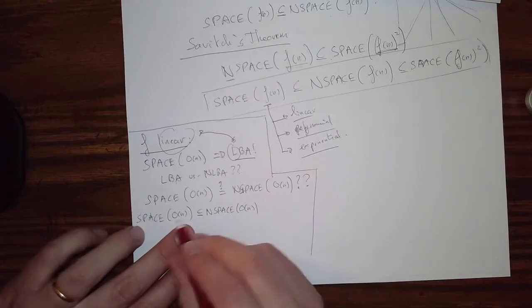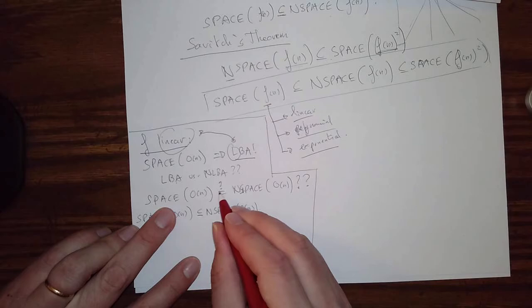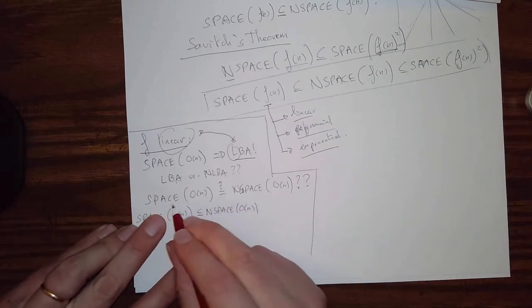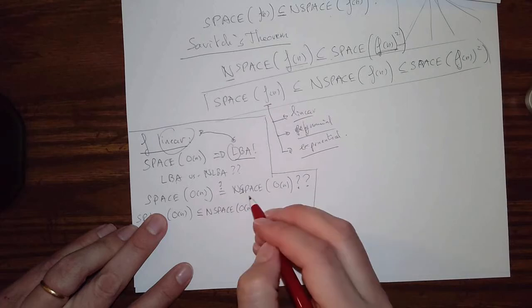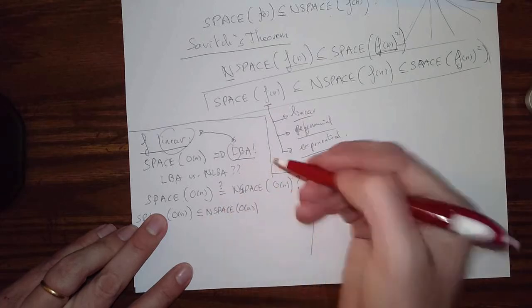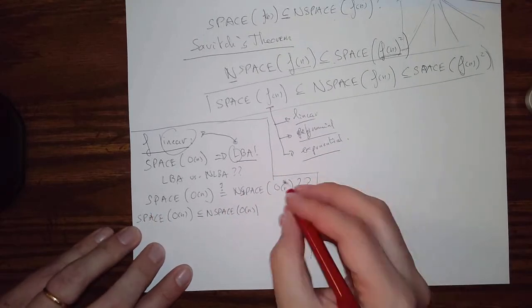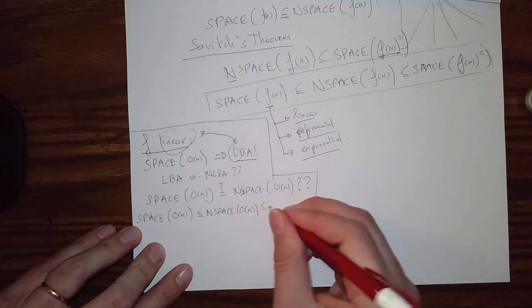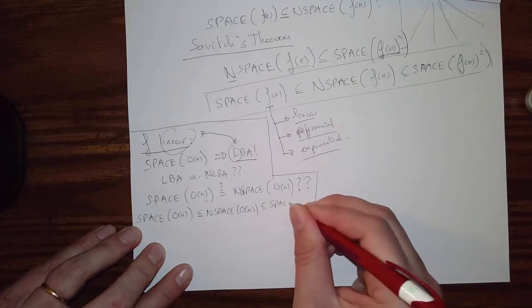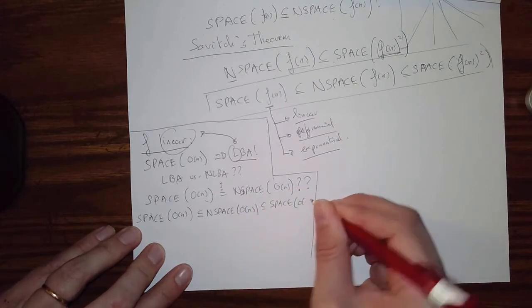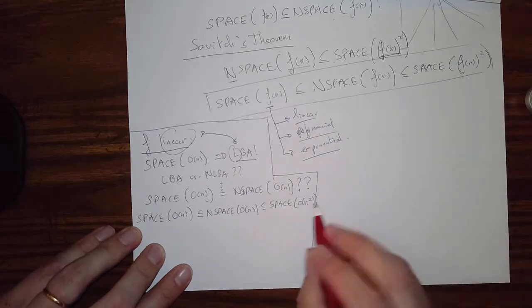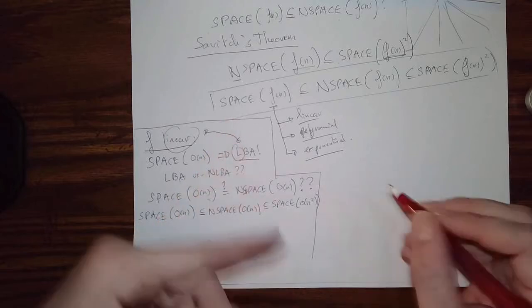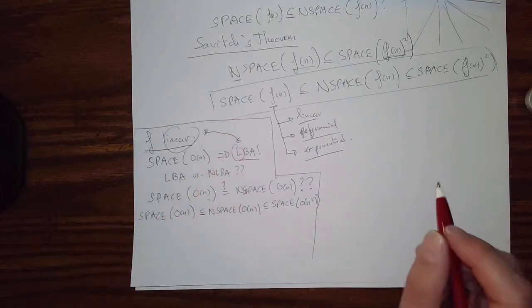It means that if it's not equal, this will have to be smaller by definition, because non-deterministic cannot be less powerful than deterministic. And this is included in, that's Savitch's theorem properly speaking, SPACE O of n squared.